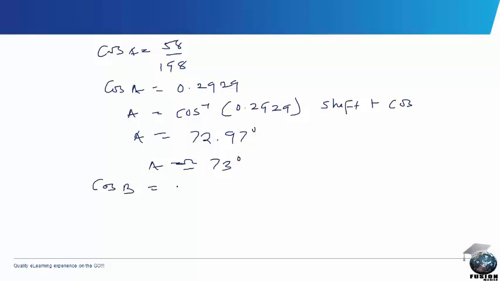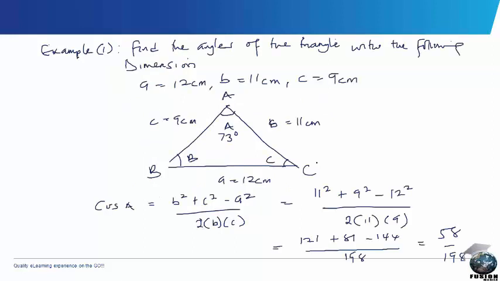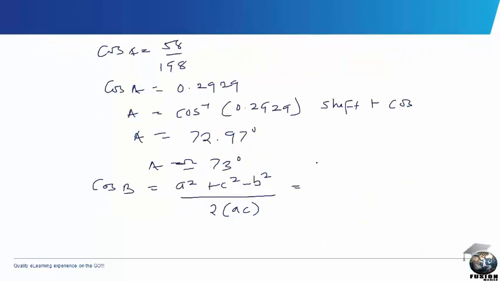Angle B is equal to A squared plus C squared minus B squared, all divided by 2 times the two positive numbers A and C. That is 12 squared plus 9 squared minus 11 squared, all over 2 times 12 times 9.